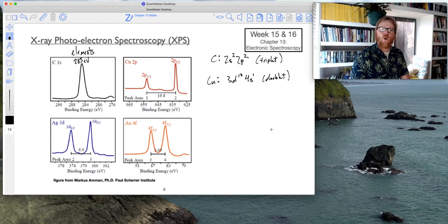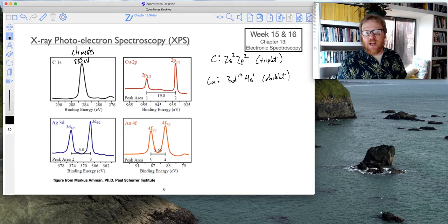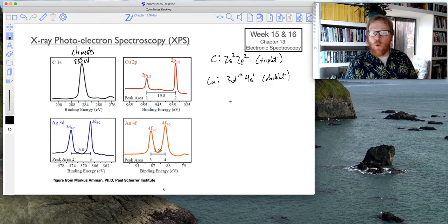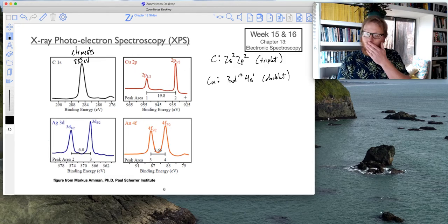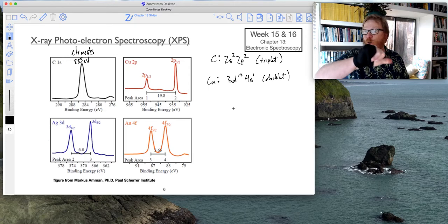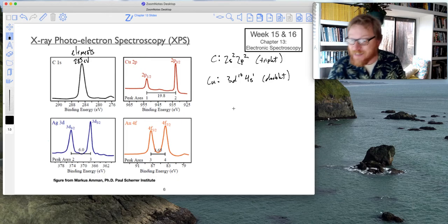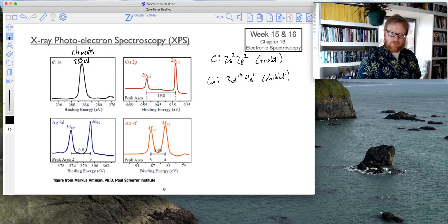And lo and behold, when you excite the copper, in this case 2p, it doesn't really matter that it's coming from 2p. What's important is that copper is a doublet. So when you eject core electrons from a doublet state, you could be ejecting either a spin-up electron or a spin-down electron, right? Pauli tells us both are possible.